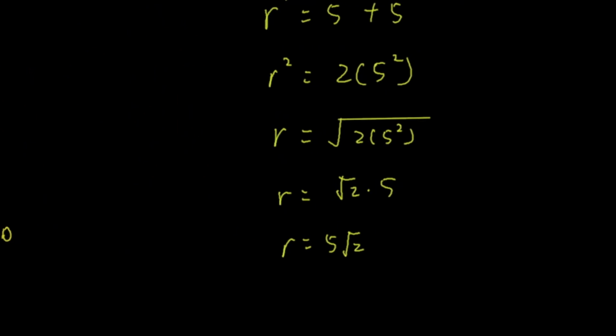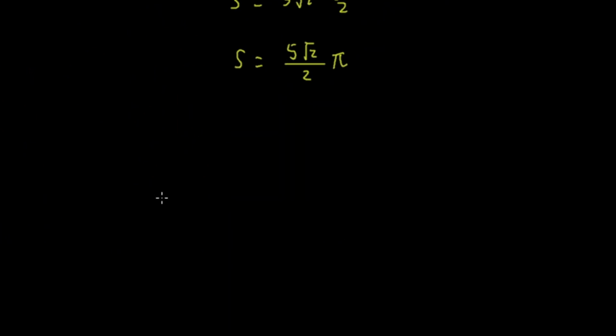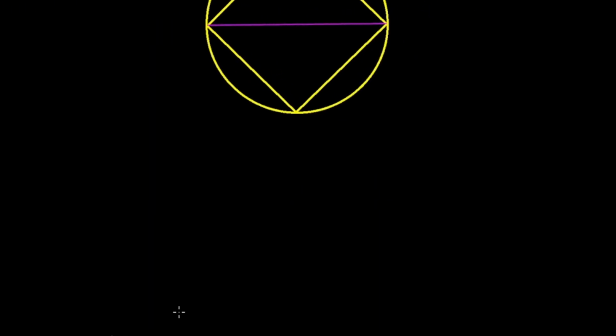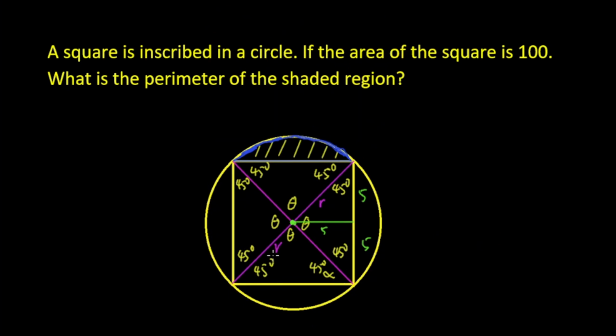So the perimeter, let me use blue here, is equal to 10 plus the arc length, 5 square root of 2 divided by 2 pi. Okay, so that's the answer to the perimeter of these blue lines here.